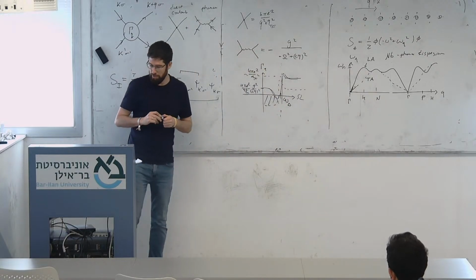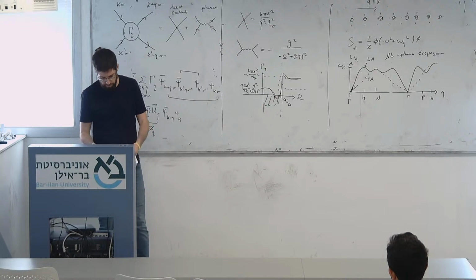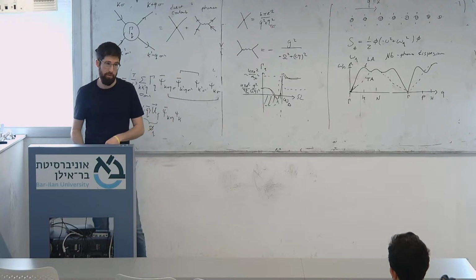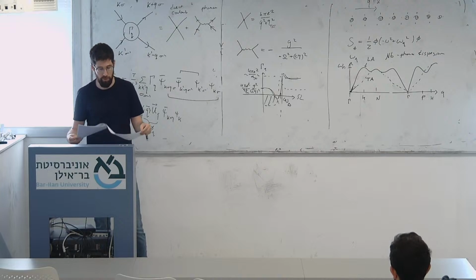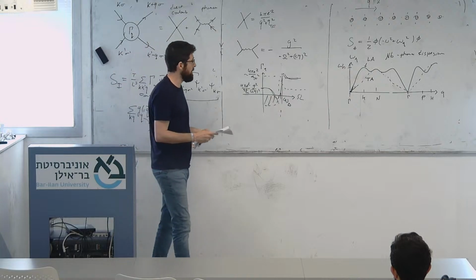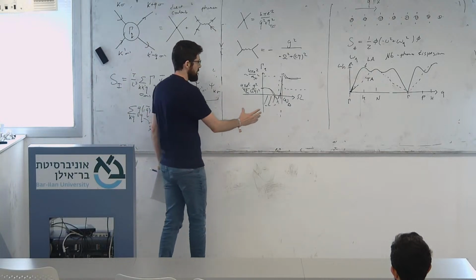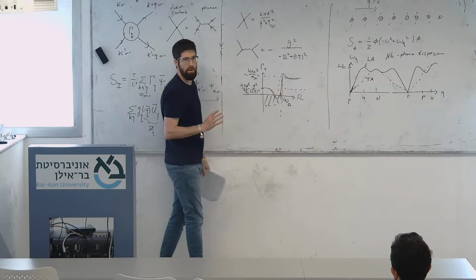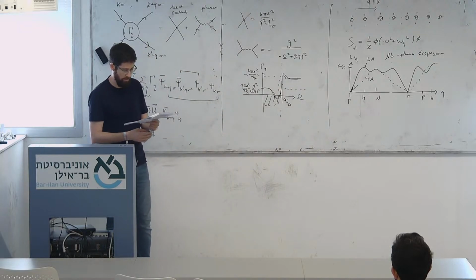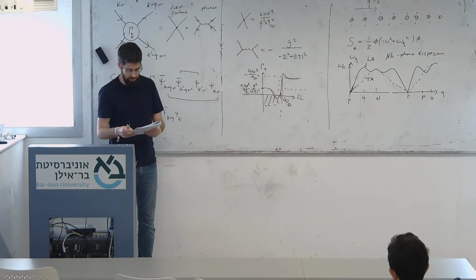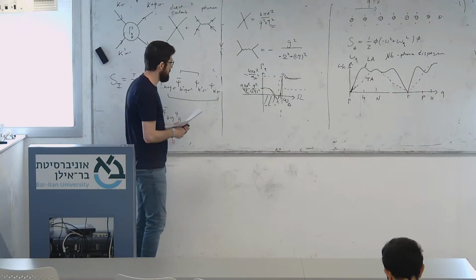So what BCS in the end proposed, which was brilliant, because they didn't understand all this when they wrote their theory, they didn't understand exactly how this renormalization works, was an effective theory which lives in this energy range here with an attractive interaction. So they basically, let me write down the Hamiltonian.